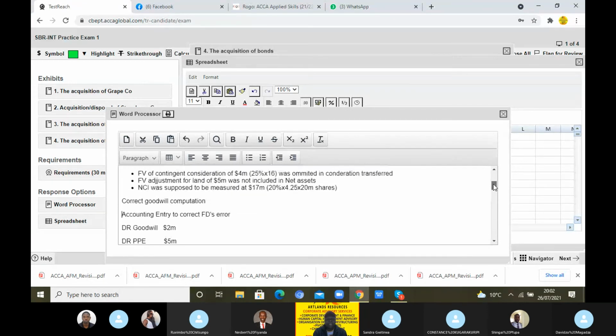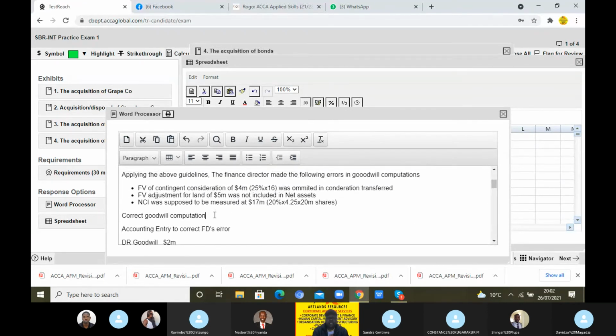Now that I have eliminated the table, I simply continue and say computations in appendix.